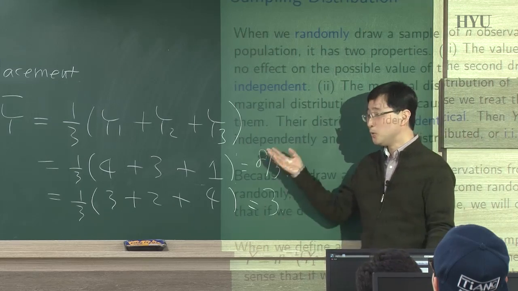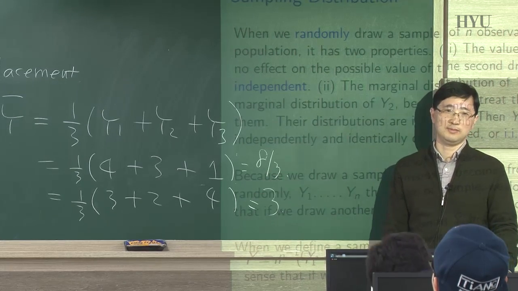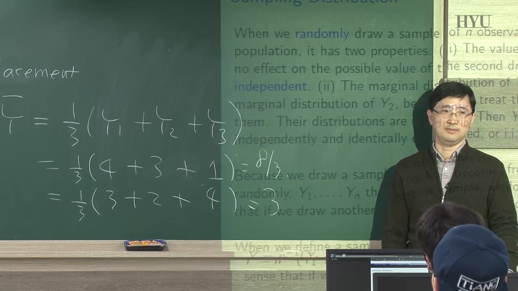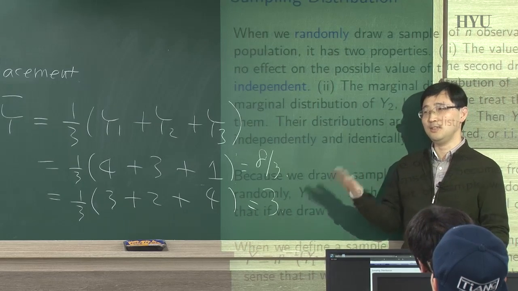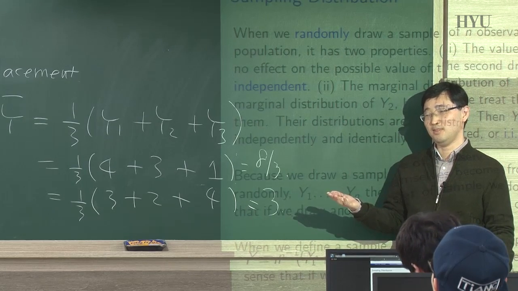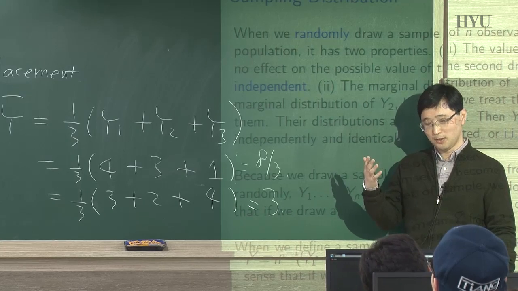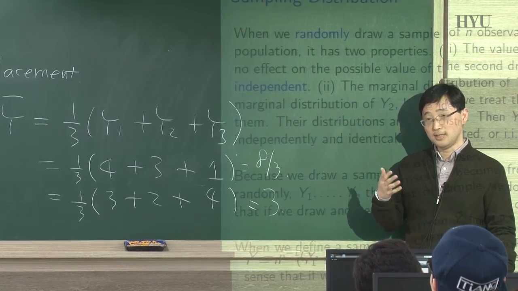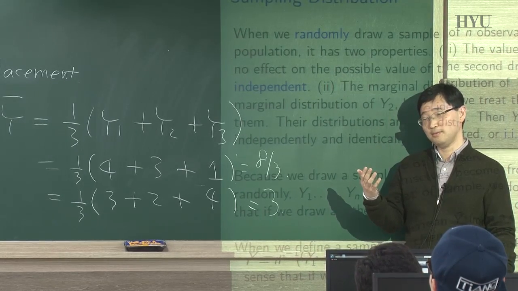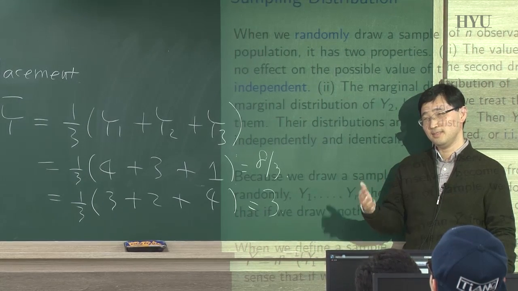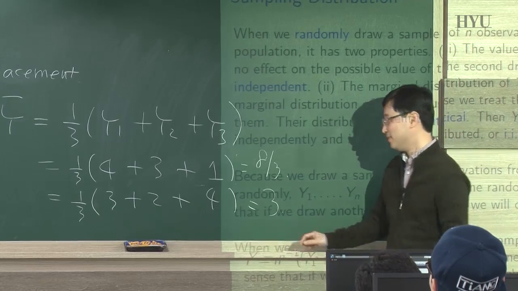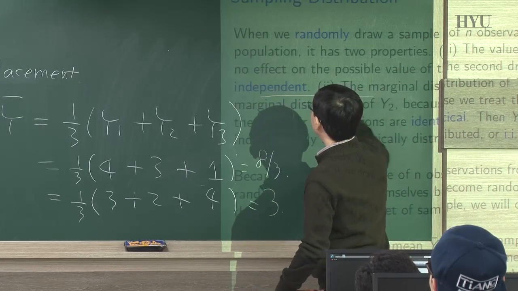What if I do this 1,000 times? Then you're going to have 1,000 realizations, right? Imagine that you're going to make a distribution, or what is it? I forgot the name. What is a plot like this?